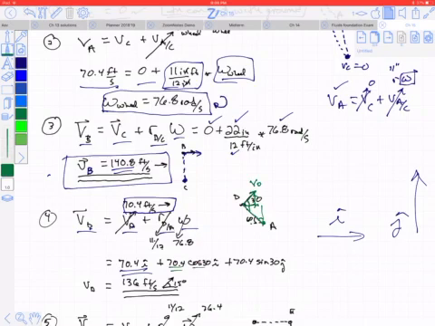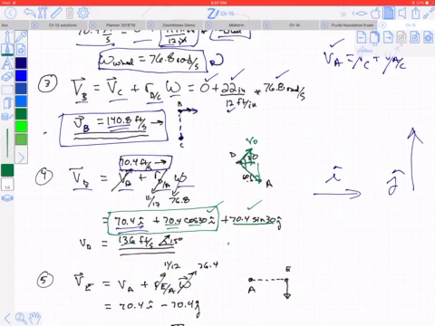Take 70.4 times the cosine of 30, that's the I. 70.4 times the sine of 30, that's the J. Now we can combine our I's and do a Pythagorean of this combined with that to get 136 feet per second. And do an inverse tangent, and we'll find out that that angle is 15 degrees. So there's VD. Now VE.